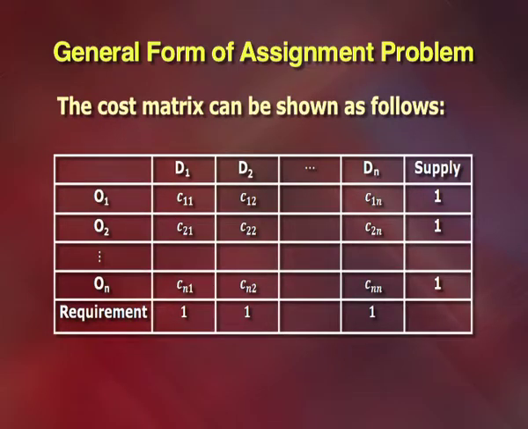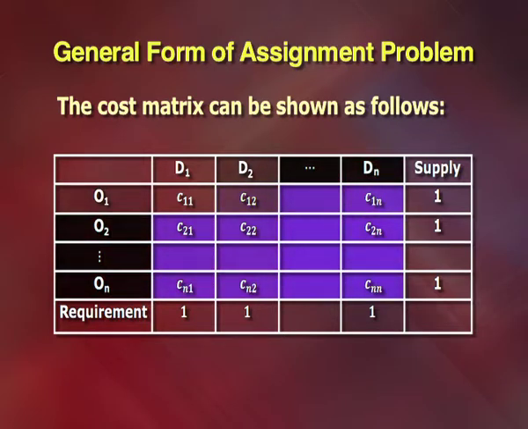You can see over here there are n origins O1, O2 up to On with a supply each of 1, and destinations D1, D2 up to Dn with requirements each of 1. C11 represents the cost of association between O1 and D1. C12 is the cost of association between O1 and D2, and so on. The whole cost is given to you.